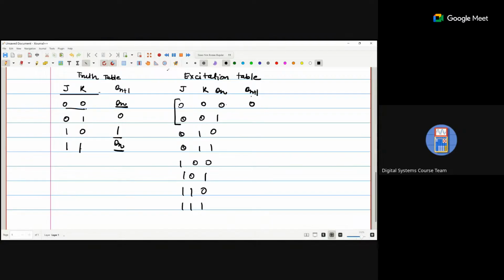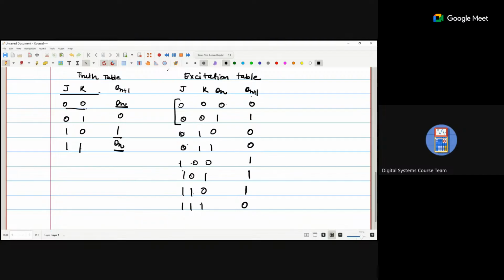Qn is 0, that means Qn plus 1 is 0. When 0 1, it is 0. When 1 0, it is 1. And when 1 1, it is Qn bar. So if Qn is 0, Qn bar is 1. If it is 1, it is 0. So that is the excitation table.